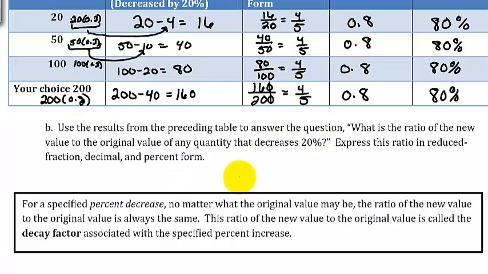And so any value that's being decreased by 20% will have this ratio of the new value to the original value. As a fraction, it's 4/5. As a decimal, it's 0.8. And as a percent, it's 80%.